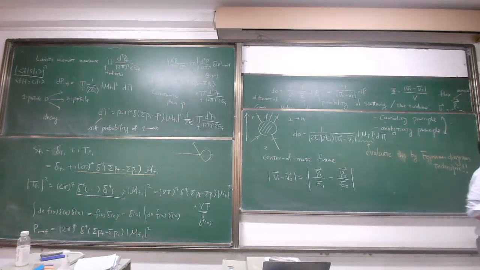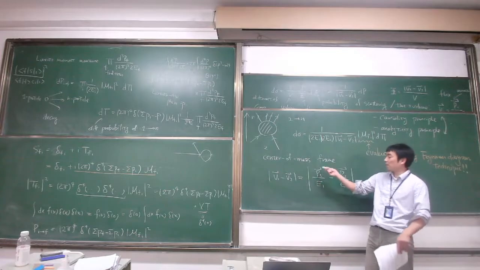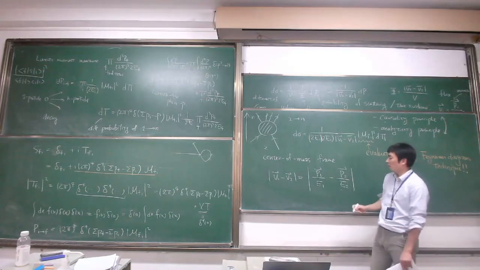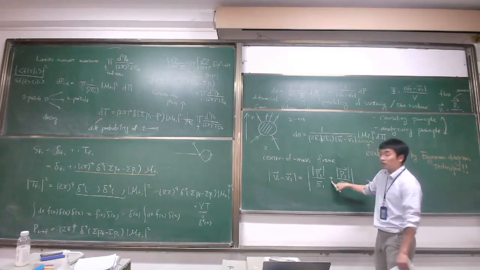We know that the direction of p1 is just right opposite of p2, so if you take the absolute value, then it should be plus.